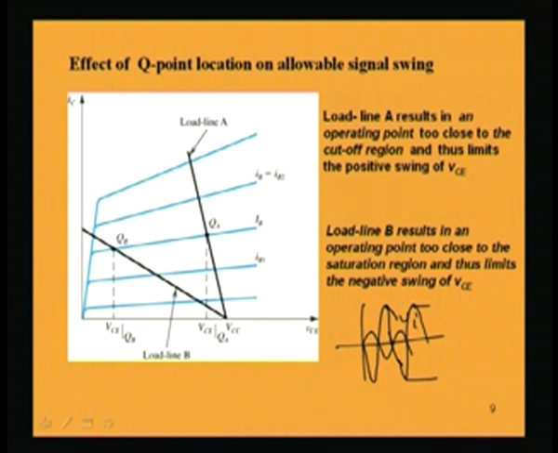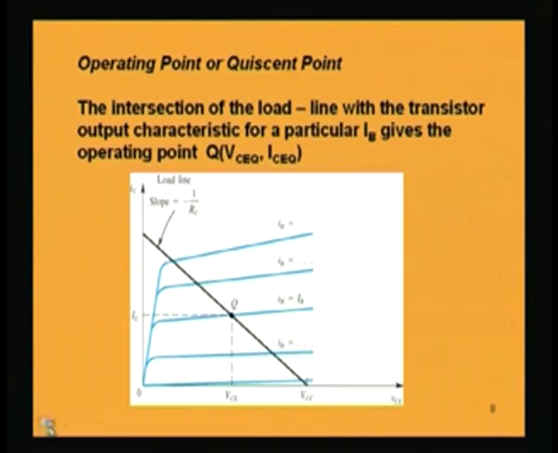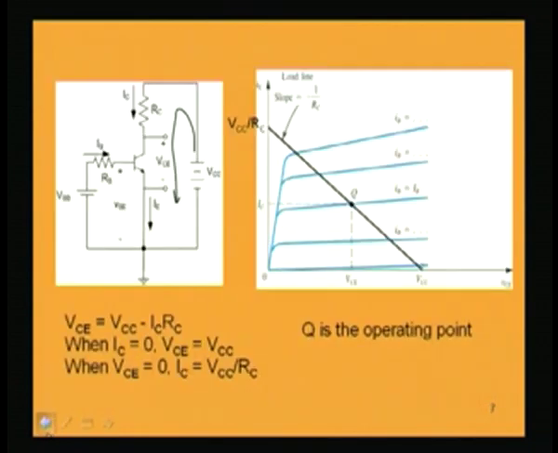If we look into the output circuit again, the Q point is determined by the intersecting point between the load line and the output characteristic in the DC circuit, for a particular IB.